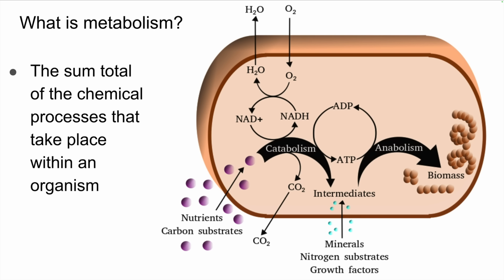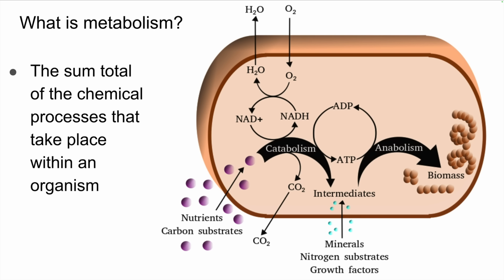What is metabolic rate? It's the amount of energy that an organism expends during a given amount of time. Basal metabolic rate is the amount of energy consumed by an organism at rest at a comfortable temperature. They don't have to be sleeping as these lions are, but it's resting metabolism.